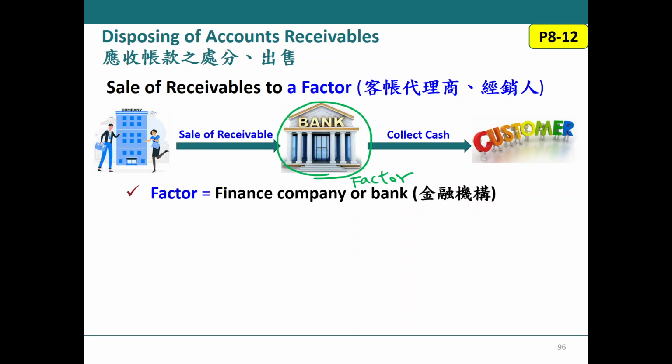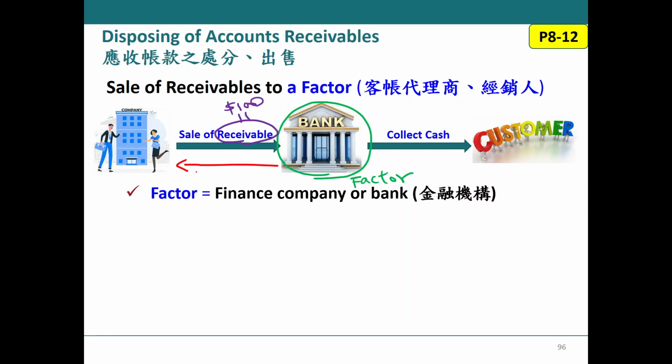Any questions? So for receivables, what if receivables are $100? If I assume the receivables are $100, when you sell it to the bank, then you get the cash immediately, right?